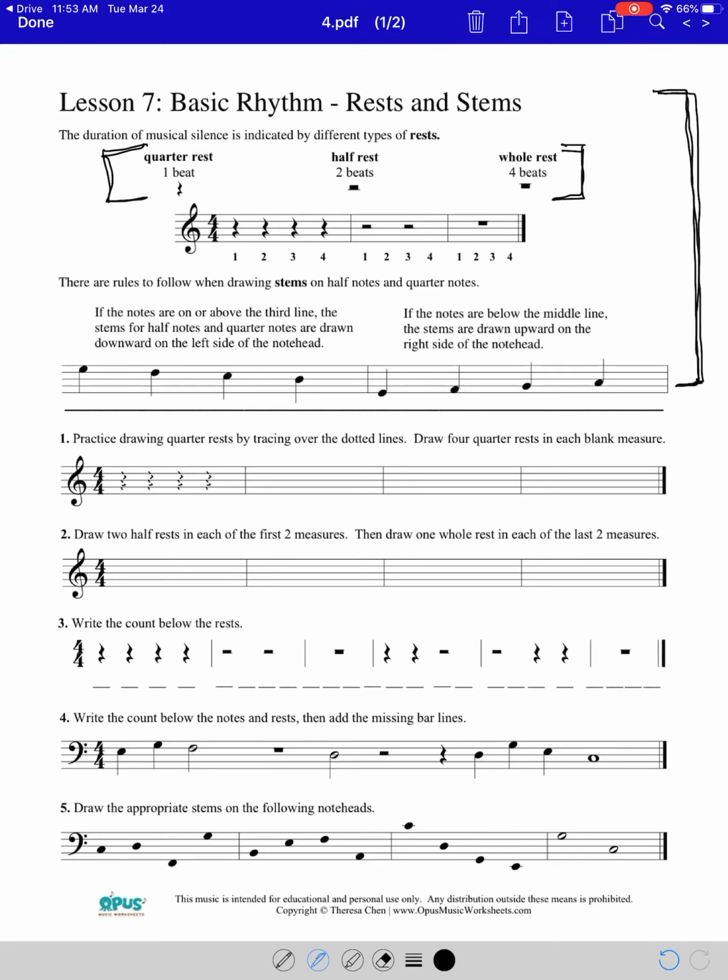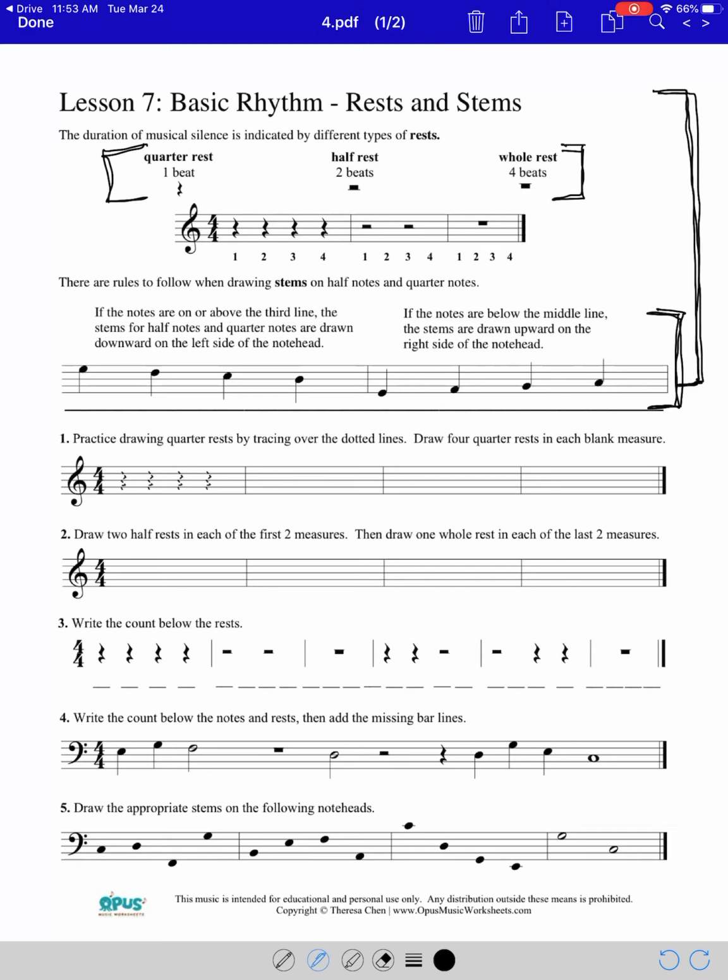The next thing, and we're going to be using this at the bottom of the page for question number 5, is this part right here. So what this is showing you is that sometimes you have notes in different parts of the staff. So sometimes they're below the middle line here, sometimes they're above the middle line there.